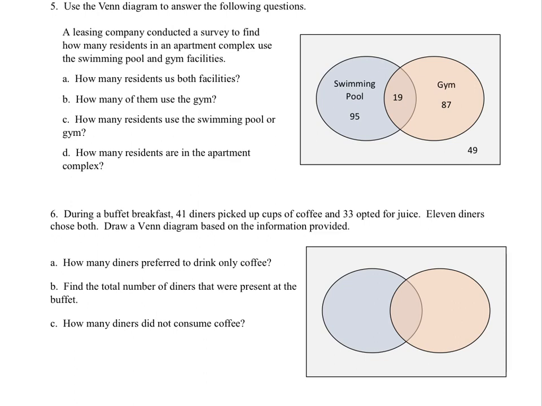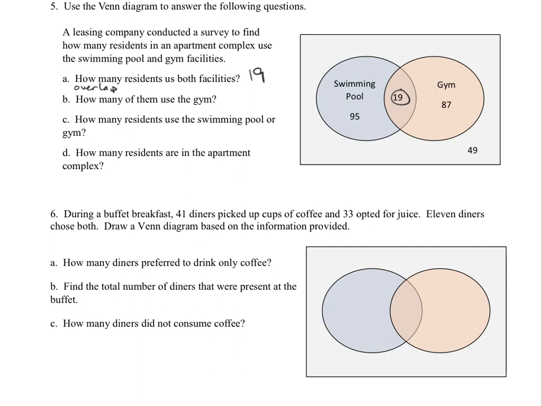AKA, where do these bubbles overlap? That's a pretty easy one to start out with. It's 19 total people. Now, what does that mean? 19 people here use the swimming pool, and the same 19 people use the gym. And that's going to be important to understand when we start looking at the next question.